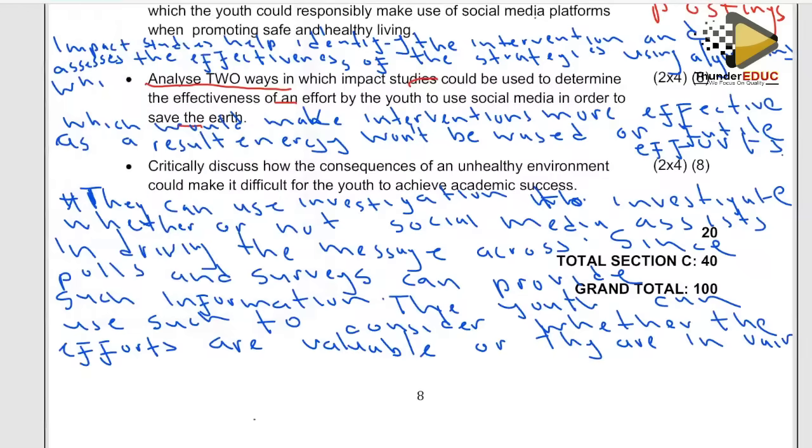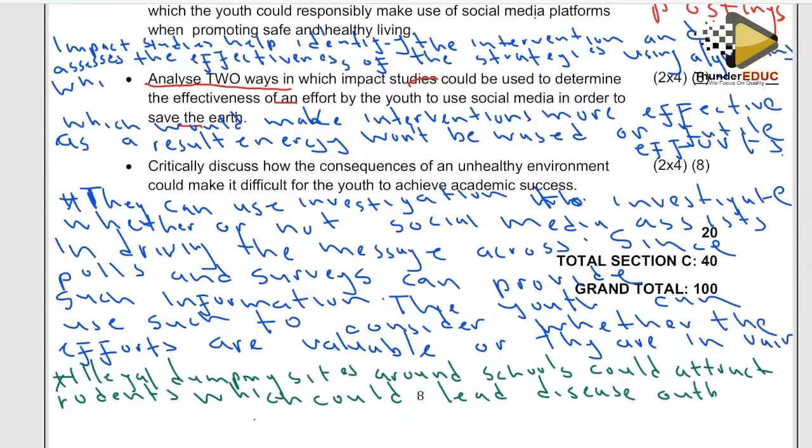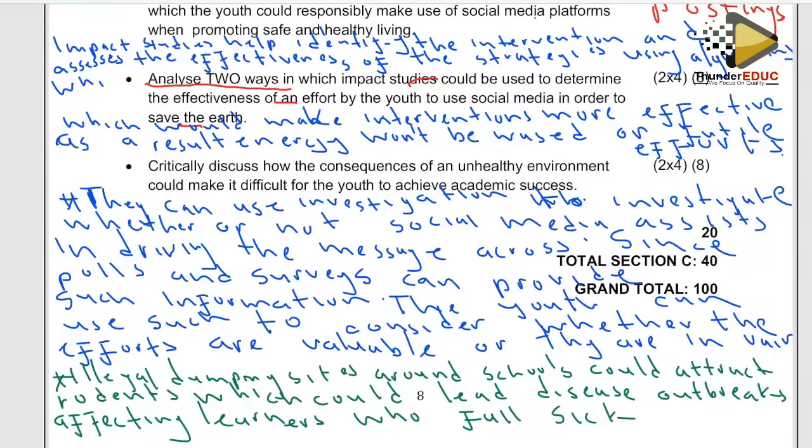So we can actually say that the first point is that illegal dumping sites around schools would attract rodents, which could lead to disease outbreaks, affecting learners who fall sick and miss school.